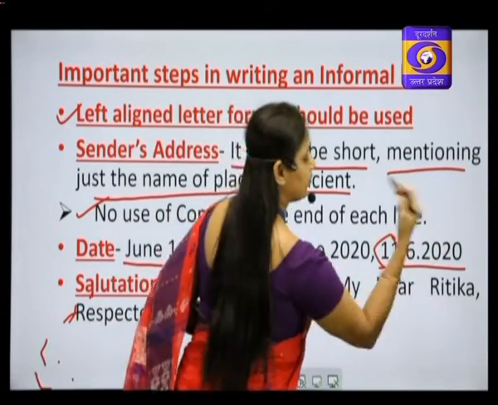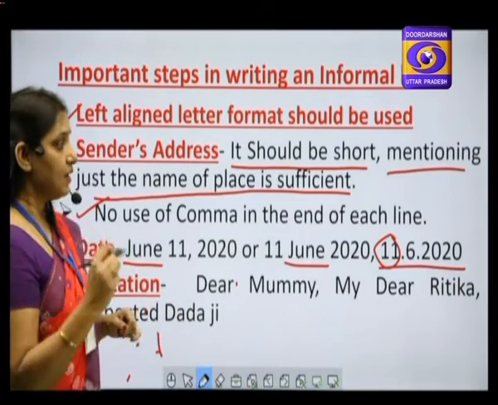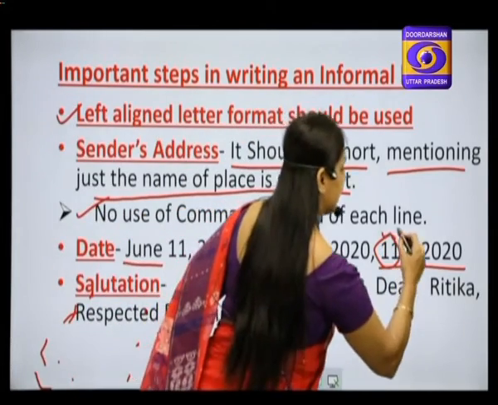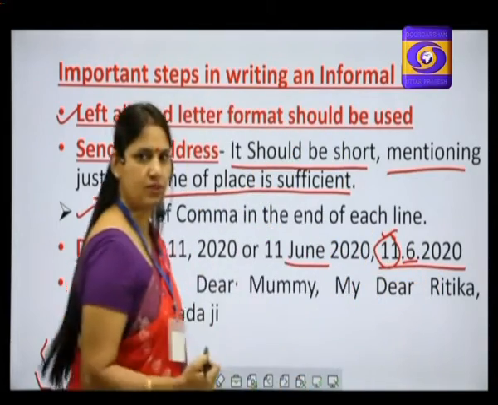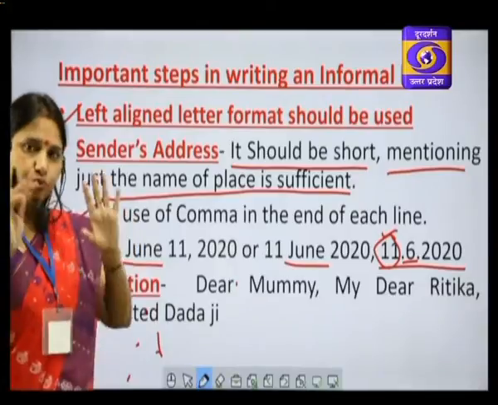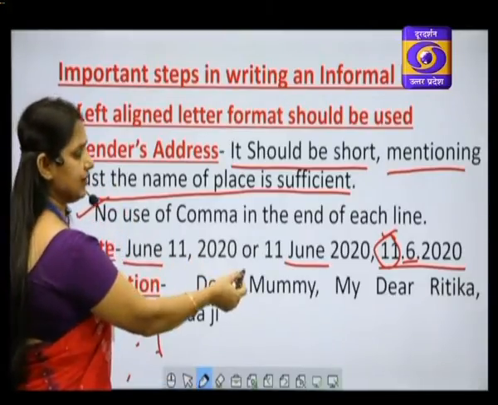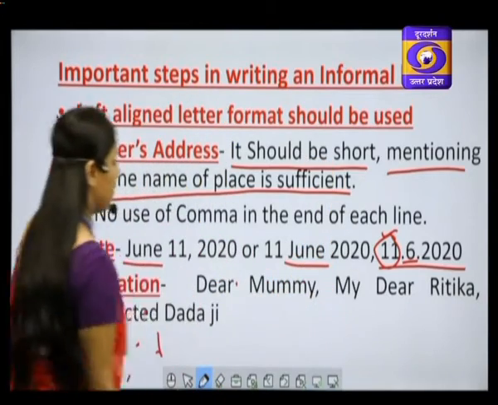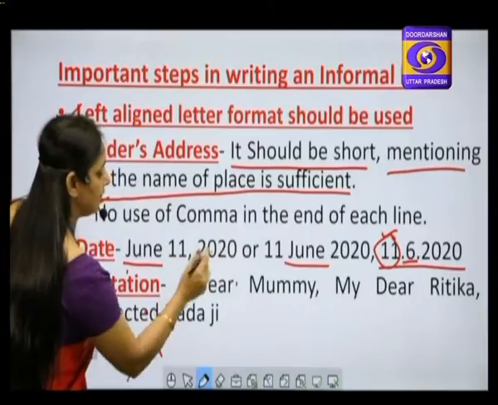November 6, 2020, because we write month first in American form. But Britishers write day first and then month. So it will be 11th June. So to avoid this sort of confusion, we should write date as June 11, 2020 or 11 June 2020. When you are writing June 11, 2020, you should use a comma between 11 and 2020.